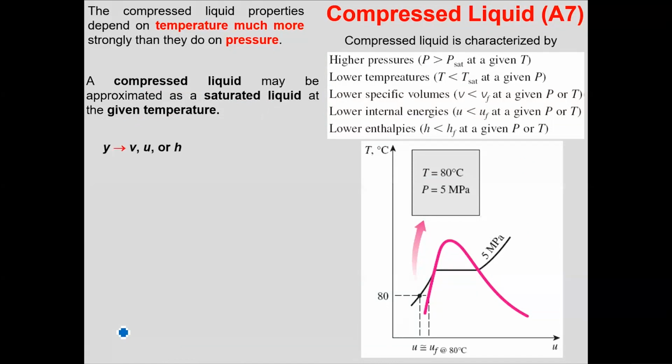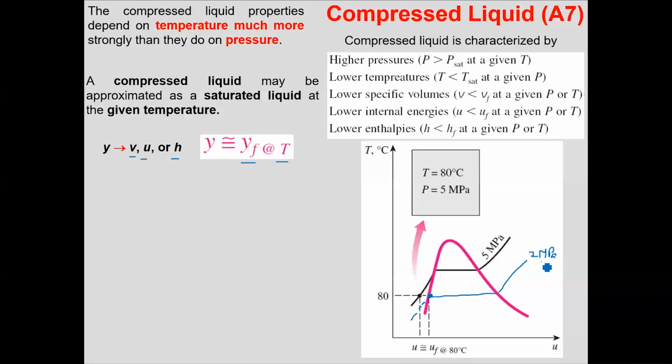So all the properties, whether it is specific volume, internal energy or enthalpy, for compressed liquid, can be expressed as the saturated liquid value at the given temperature, disregarding the pressure. For example, if I take this liquid as saturated liquid at 80 degrees centigrade, the pressure corresponding to this line would be, let's say, some different pressure, 2 megapascal.